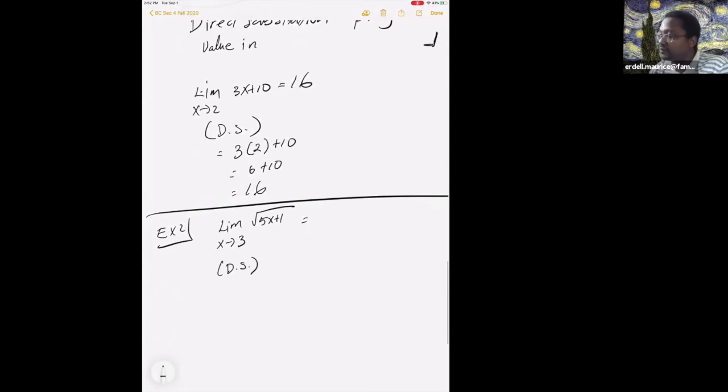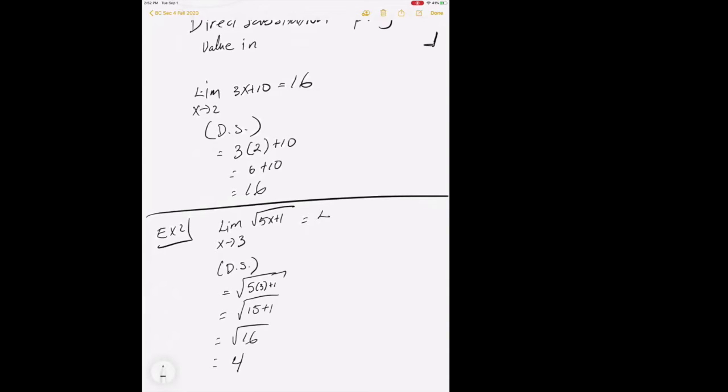That simply means take the function and plug in 3. 5 times 3, I believe that's 15. Plus 1 is 16. Anyone know what the square root of 16 is? 4. So this limit will evaluate to 4.